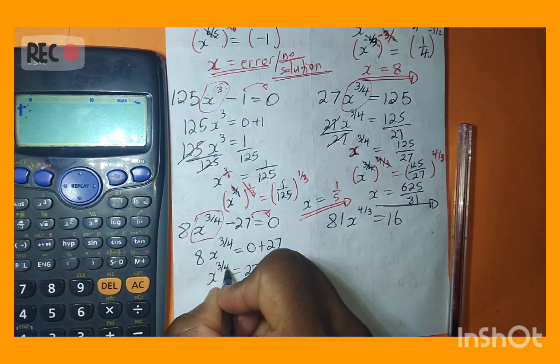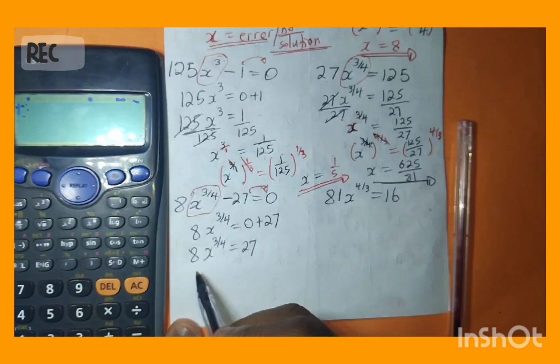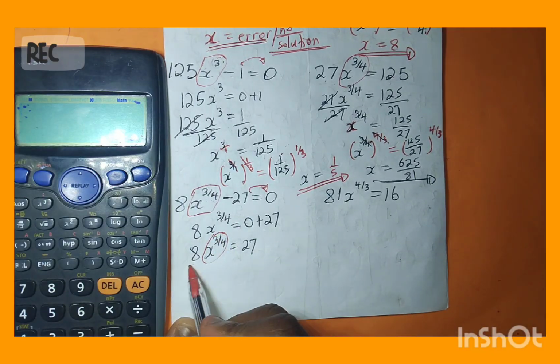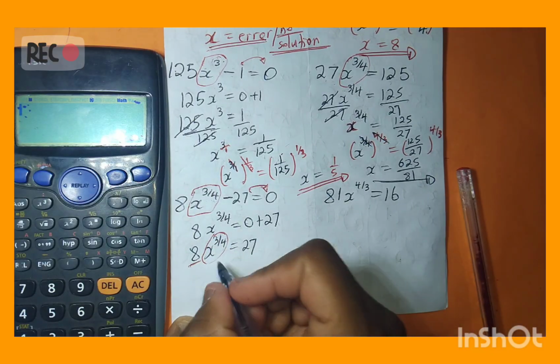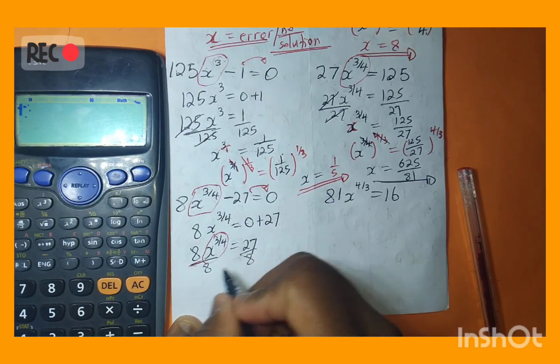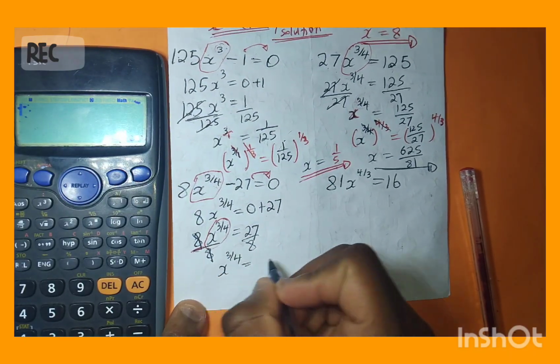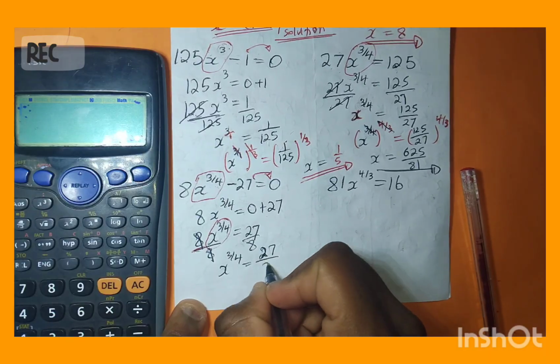3 over that. And remember, guys, for me to make this thing to be alone, in this case, what is in front from what I need, I divide by it. It gets cancelled, and I'll have this there, 27 divided by 8.